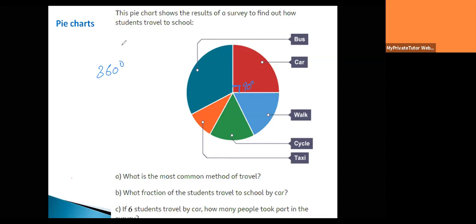But we can answer the questions as Anna said in the chart. You can see how many people traveled in a bus, how many in a car, and all these things can be found if the total is given. We'll discuss more about pie charts going forward.